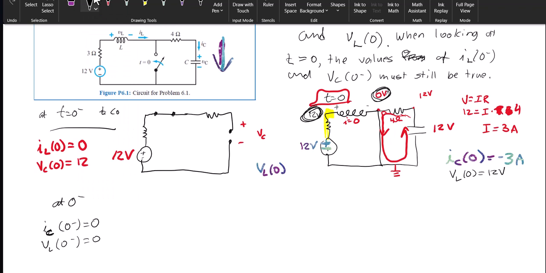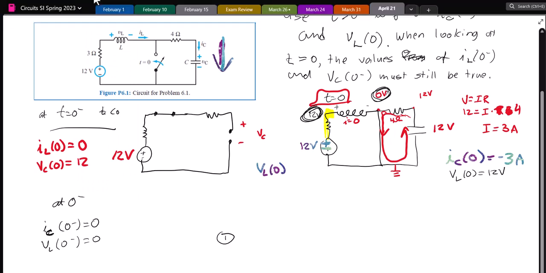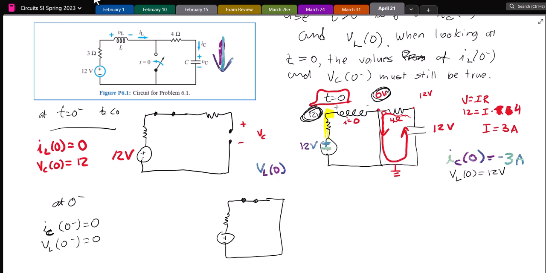Okay, so now let's look at infinity. And so at infinity, our inductor will be a short circuit, and our capacitor will be an open circuit.